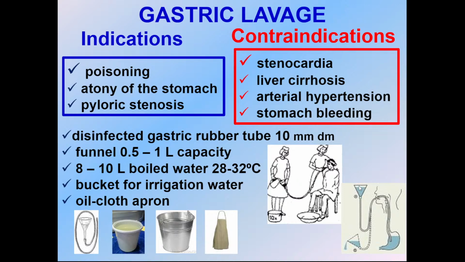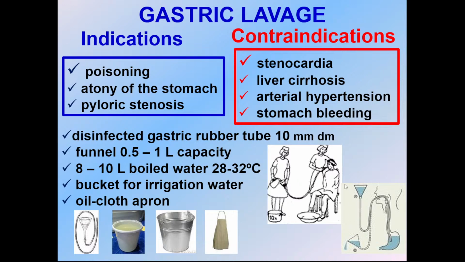If the patient is conscious, position of patient is sitting, we put oilcloth apron on his chest and abdomen, put some basin or bucket for irrigation water, and then carefully introduce water into the funnel and control that funnel is not empty to prevent passage of gas into the stomach.